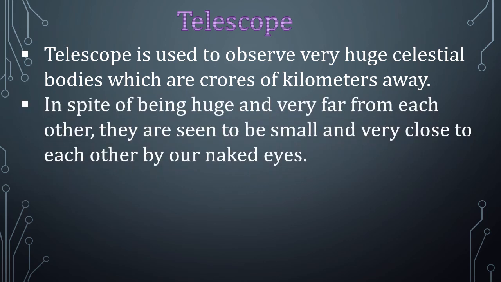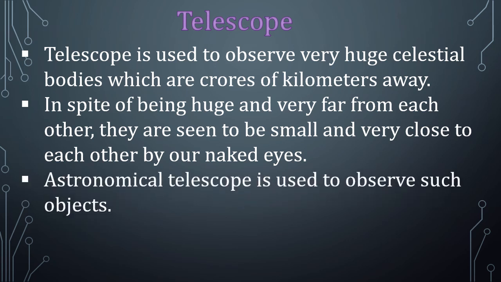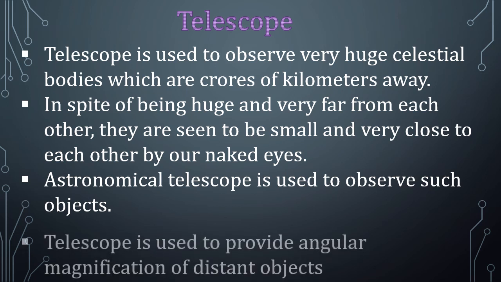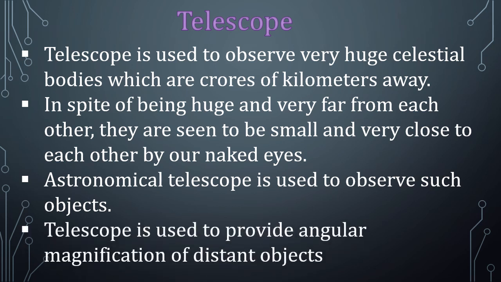That is, in spite of being huge and far from each other, they are seen to be very small and very close to each other by our naked eyes. So, in this case, an astronomical telescope is used to observe such objects. An astronomical telescope is used to provide angular magnification of a distant object.